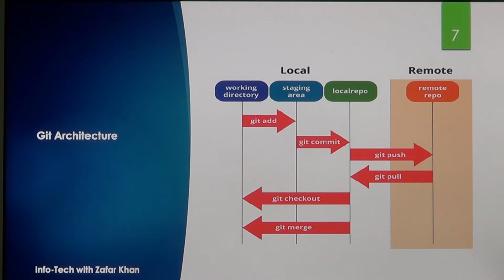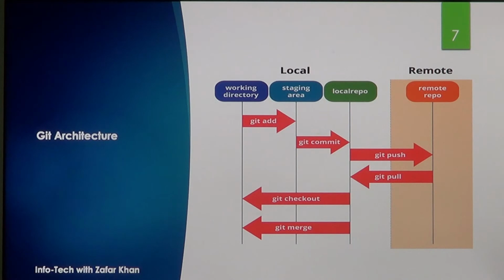The working directory is the folder where you are currently working. It simply refers to the current state of the files and folders inside your system. And now the staging area. Before saving any files to the repository, the file must be placed into the staging area, which means that whatever changes you have done in the working directory of any file need to be placed in the staging area.